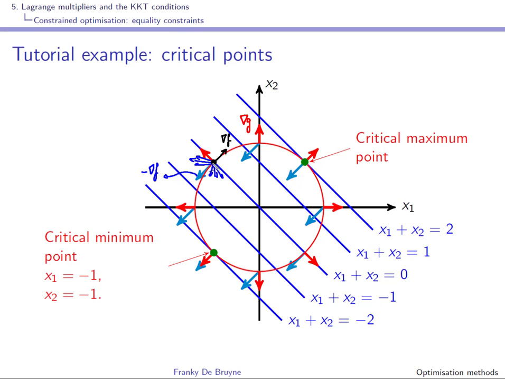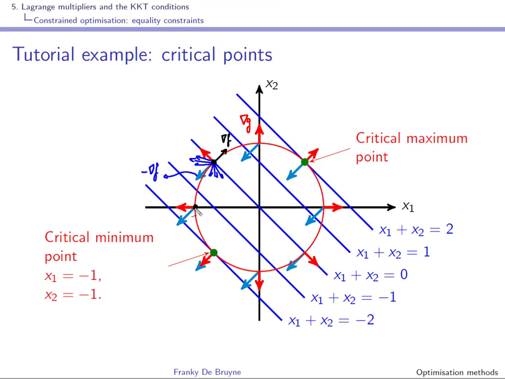So if you take a small step in that direction, you'll stay on g of x is equal to 0, so you'll meet the constraints, and at the same time you will decrease the cost. So this is not a global minimum, right? Let us take this point over here. And here again, if you take a small step in a direction that is perpendicular to the gradient of g, you will have a direction of descent.